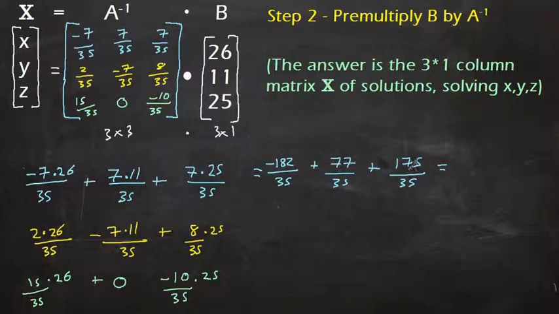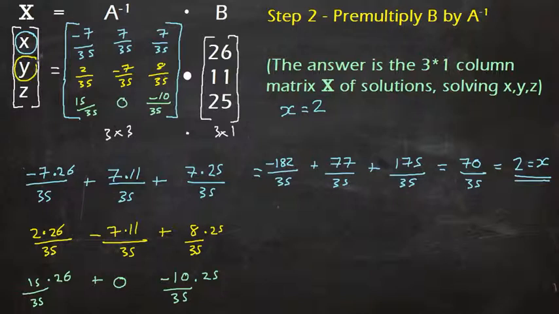Minus 105 plus 175 is 70, so that is equal to 70 over 35, and that is equal to variable x, and 70/35 is 2. So x equals 2, or 2 equals x, the same thing. We've solved x, which is one of the things we needed to do, so x equals 2.